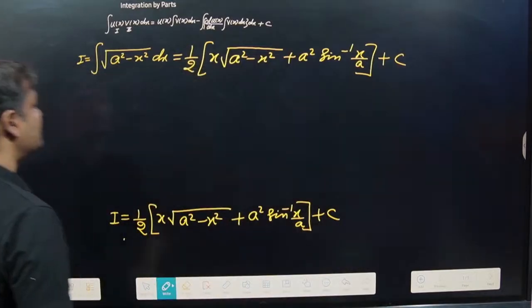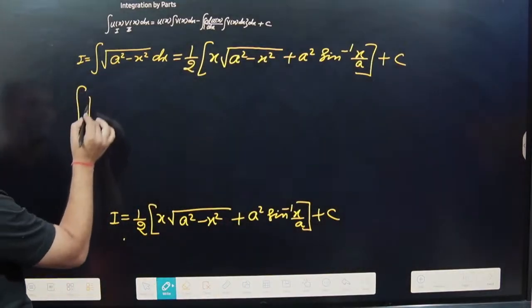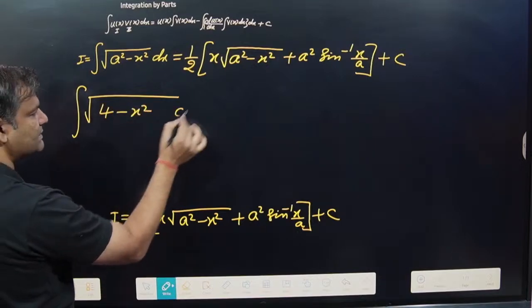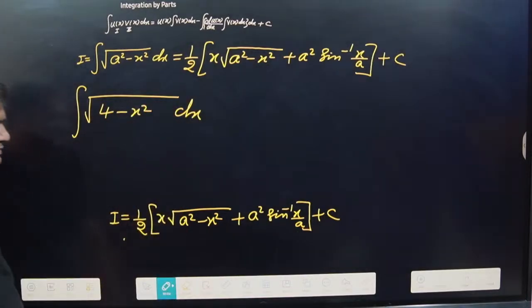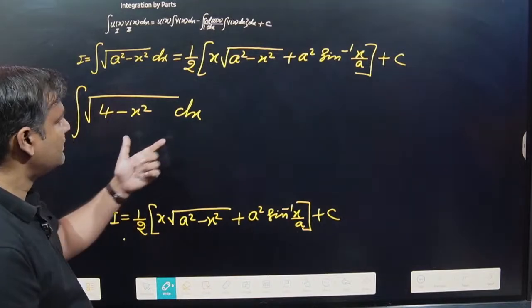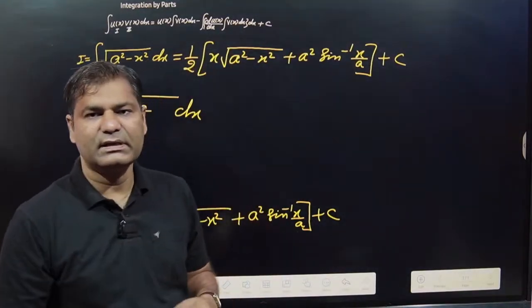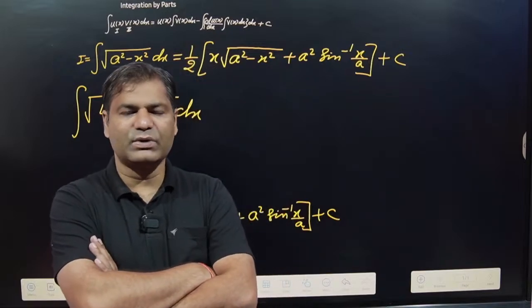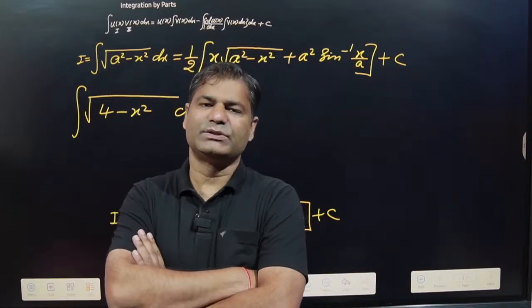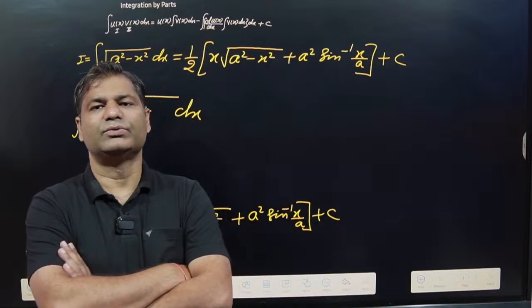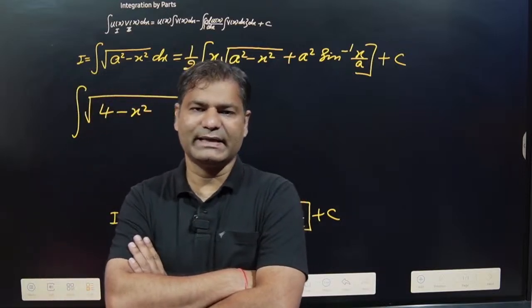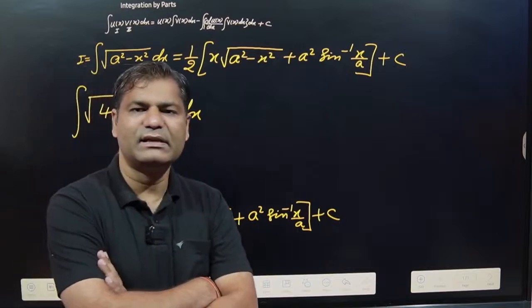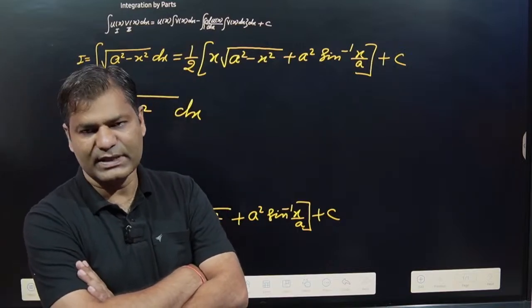Now how can you utilize this formula? Simply, given here is the integral of under root 4 minus x square dx. How can we integrate this type of problem? Simply, if this formula is memorized, the integration of under root a square minus x square is 1 by 2 into, in bracket, x under root a square minus x square plus a square into sine inverse x upon a, plus c.